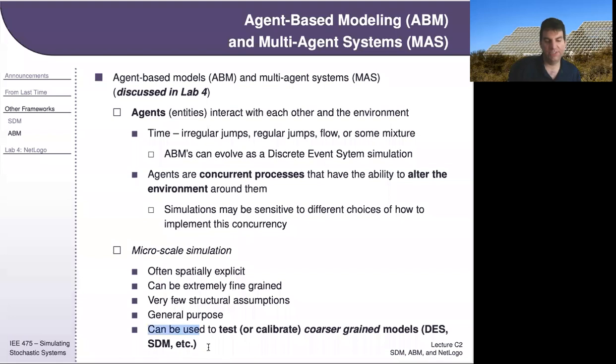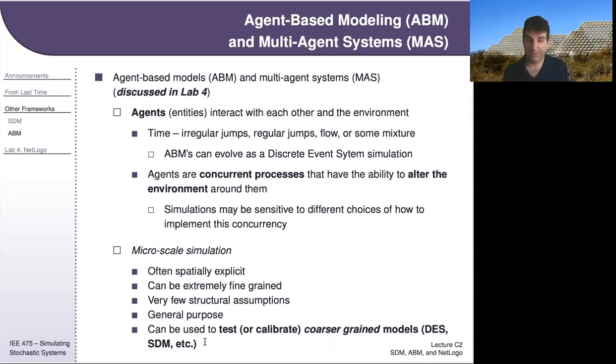And what I've had students do on honors theses before is, once you've built an agent-based model, you can use it to calibrate or test other models. So you might say, I think my discrete event system simulation of the bank has properly modeled any details that might relate to how cramped things are inside the bank, but I'm not quite sure.